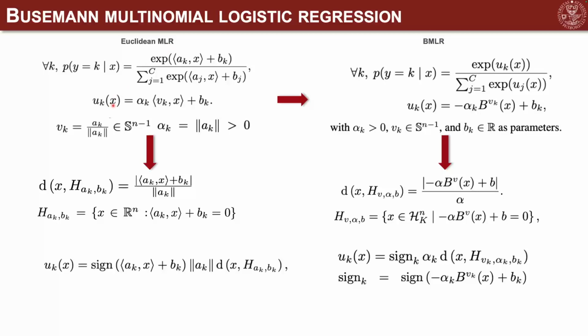If we write it elementwise, we can find the inner product inside the formulation. So we can use the Busemann function to replace the inner product and then get the Busemann MLR.